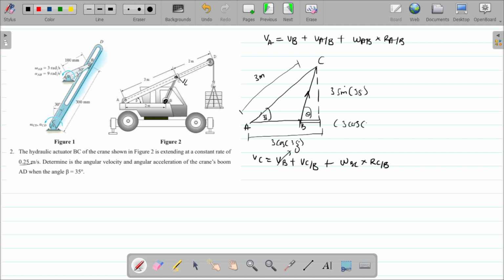That means that from this point to this point is going to be 3 cos 35 minus 2, since from A to B is 2.